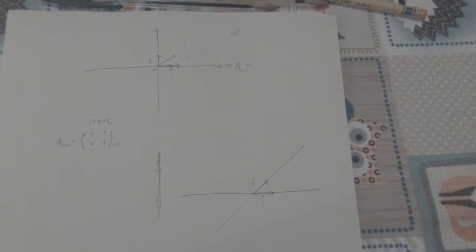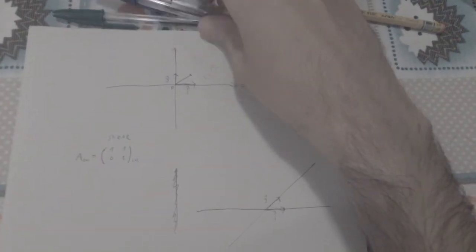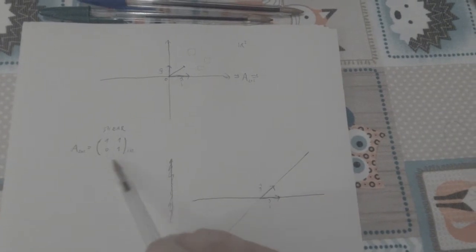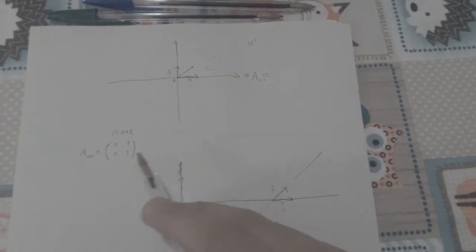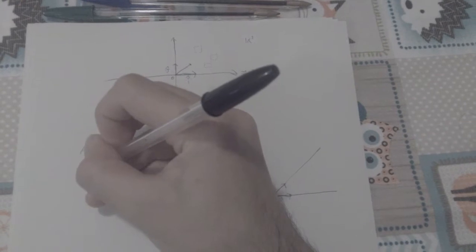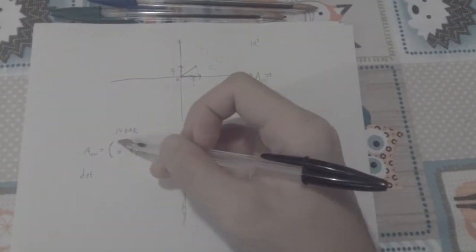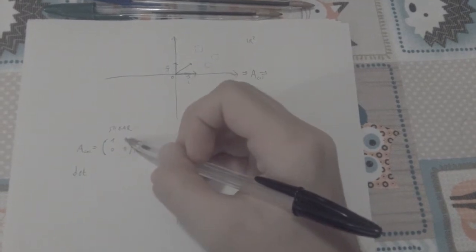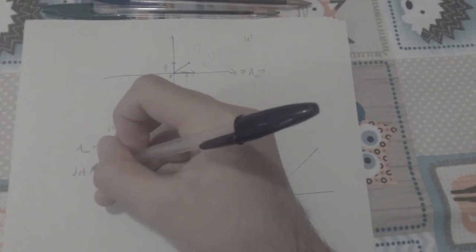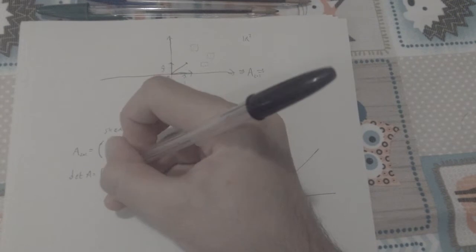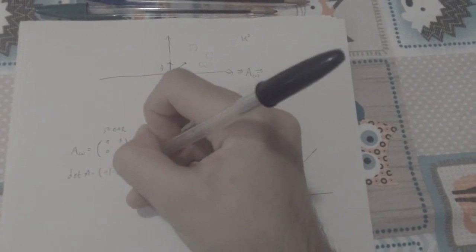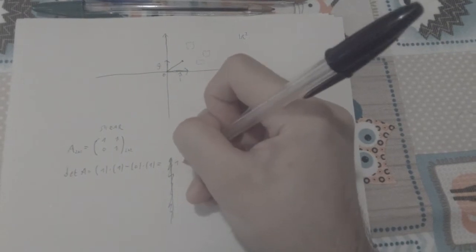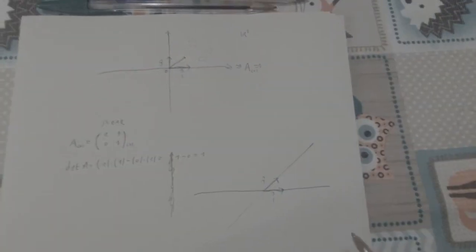So what is the determinant? Well, if we compute the determinant of this matrix, oh, this is a very simple one. This is a 2 by 2 matrix, and the determinant is going to be 1 times 1 minus 0 times 1. So the determinant of A is 1 times 1 minus 0 times 1, which is basically going to give us 1 minus 0, so 1.